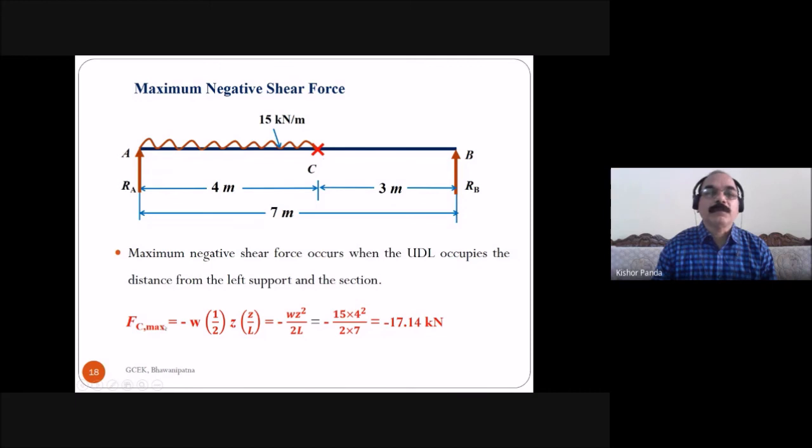So Fc max is equal to minus W into half into Z by L, which is equal to minus W Z square by 2L. Minus 15 into 4 square by 2 into 7 is equal to minus 17.14 kilonewton. This is the maximum negative shear force when the UDL is present between A and C.